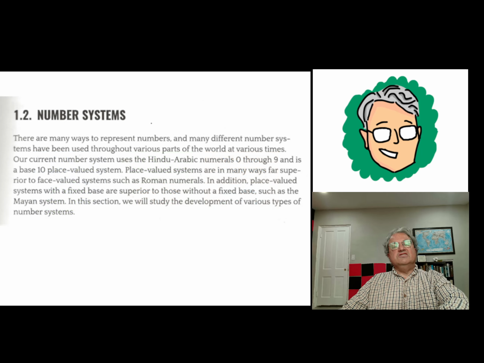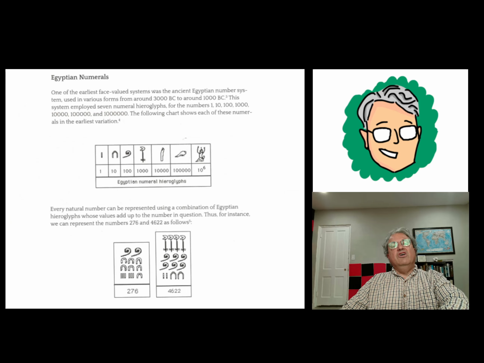So, like I said, I'm going to talk about number systems. I already described them in detail, so I won't go through this slide again. Before I get to the first known face valued system, I should mention there were other number systems that were even more primitive.